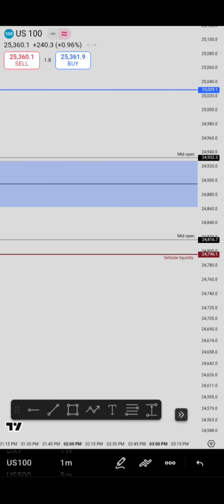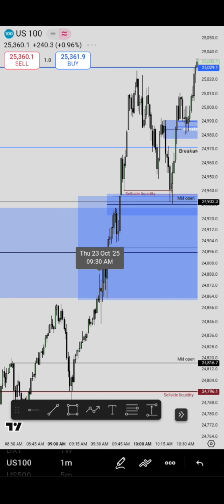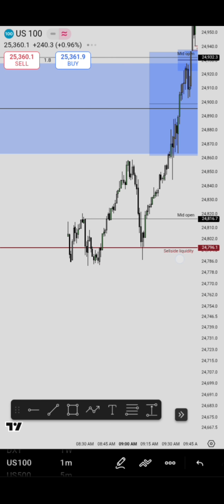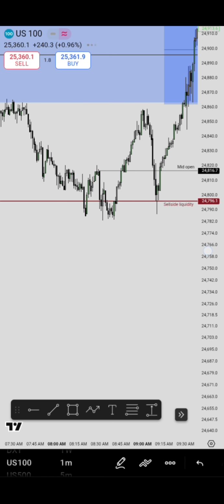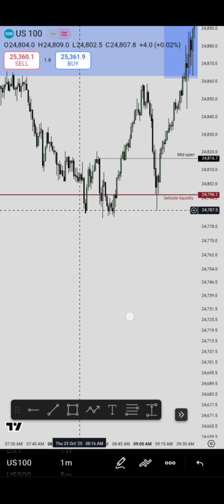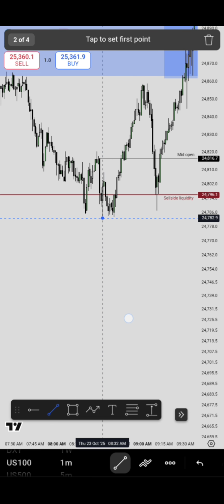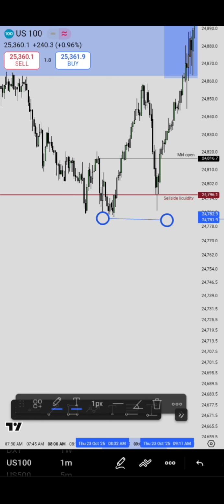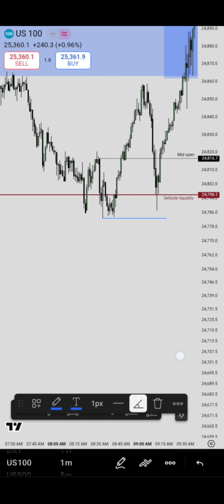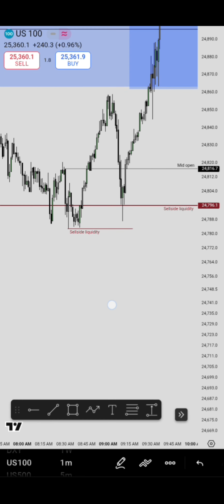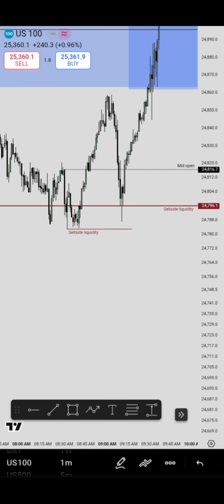All right, beautiful. Oh, nice. So we took out our sell side liquidity. In my mind, I wanted 9:30 to take out this low, but we failed to do that.